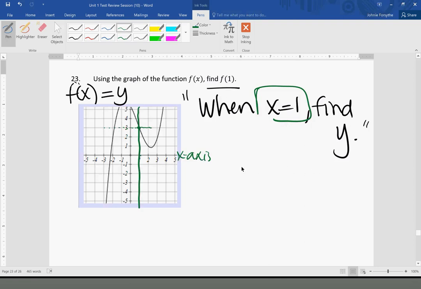So f of 1 equals 3. So when x equals 1, my y value is 3. And my graph, this shape here, crosses at x equals 1 in only one spot right here. So that's why the answer is just 3. Okay?